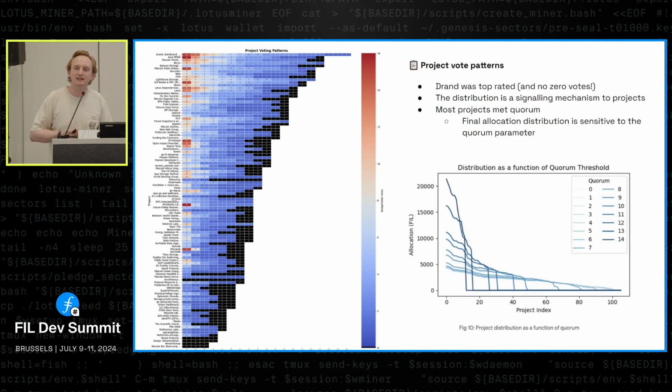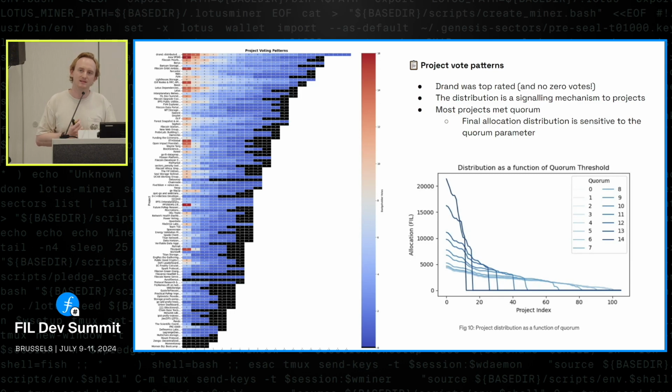Go ahead, Molly. Yeah, I think that as a badge holder, that's not how I thought it worked. So I think we have a bit of a communication issue there, where from my vantage point, I didn't realize that 0s counted towards quorum. I thought it was effectively just a negative vote: this project doesn't seem to be contributing actively to this ecosystem and doesn't deserve to be rewarded by this RetroPGF program.